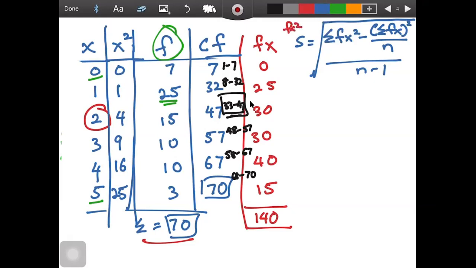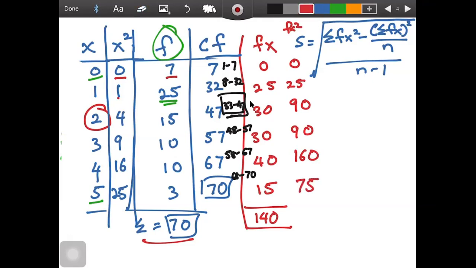So fx square: 7 times 0 is 0. 25 times 1 is 25. 15 times 4 is 60. 10 times 9 is 90. 10 times 16 is 160. 3 times 25 is 75.